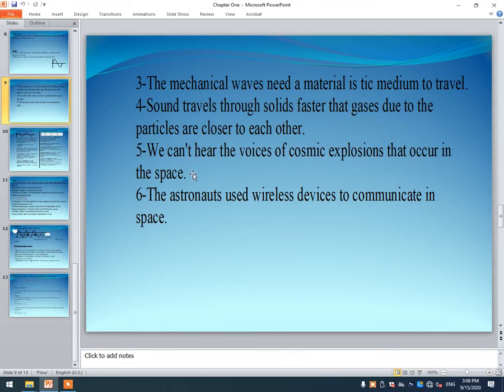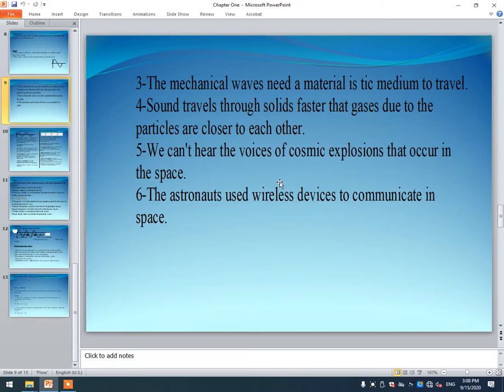And in the same way, for the astronauts on the surface of the moon, for example, there is no air on the surface of the moon. So the astronauts use wireless devices to communicate in space. Why? Because these devices convert the human voice to electromagnetic waves, and electromagnetic waves can travel through space.